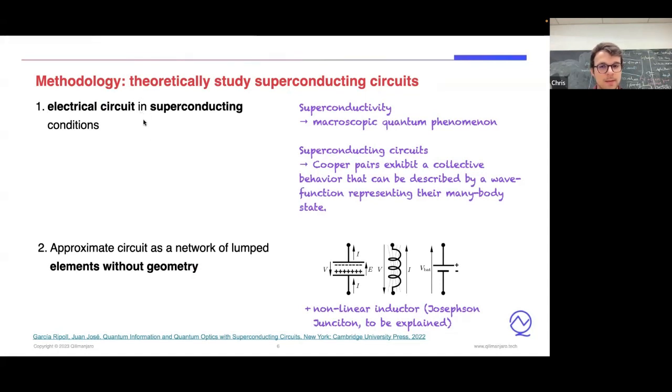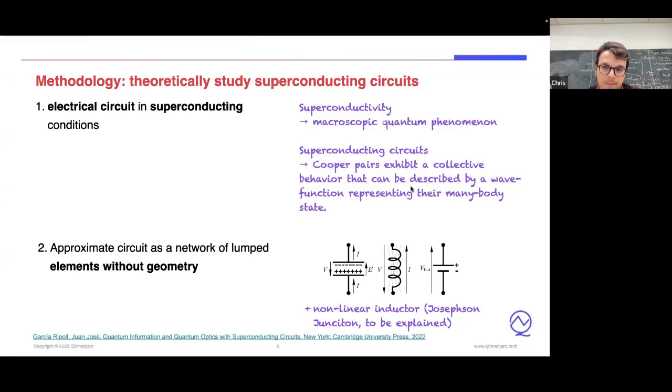And this is based on electrical circuits in superconducting conditions. And the phenomenon of superconductivity is a macroscopic phenomenon, which means if you construct a circuit from it, you're still having many Cooper pairs, but they behave in a collective way.